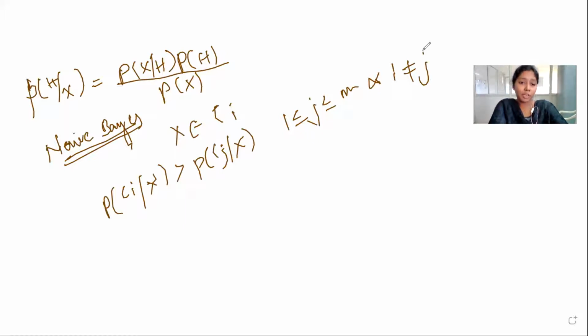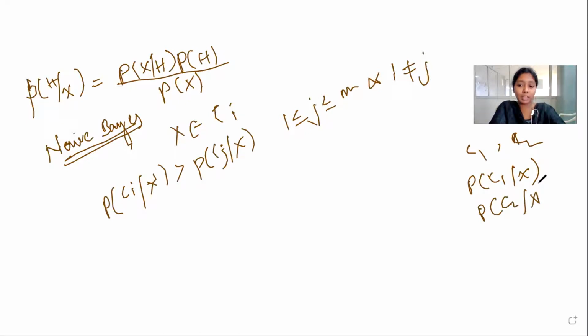If we have two classes, C1 and C2, how can we classify the tuple X? For this we need to find the posterior probability of the first class and the posterior probability of the second class given X. Whichever value is greater, we can conclude that X belongs to that class.